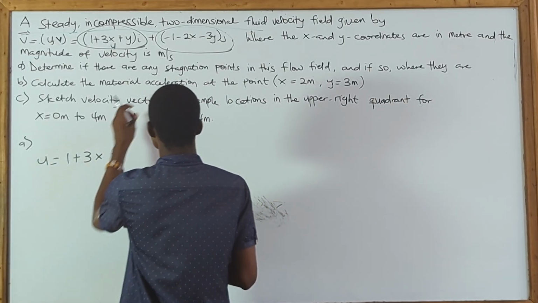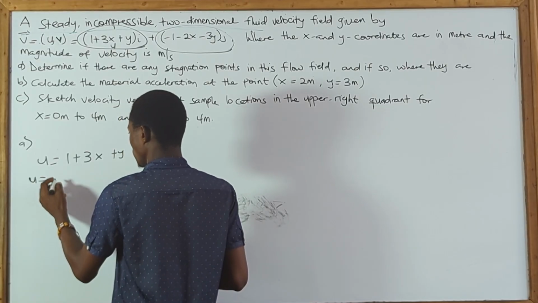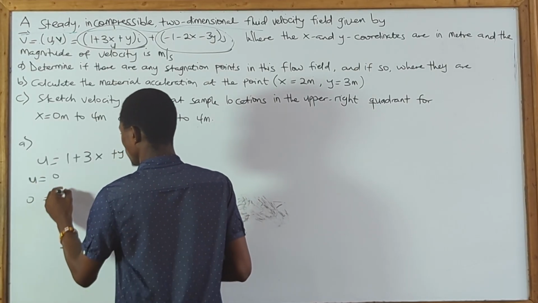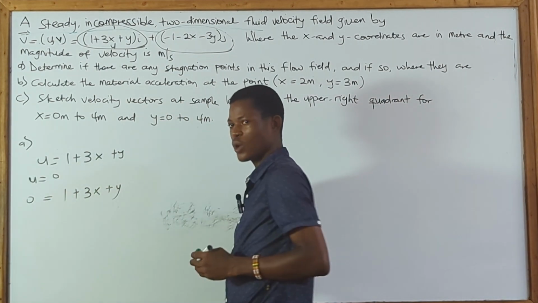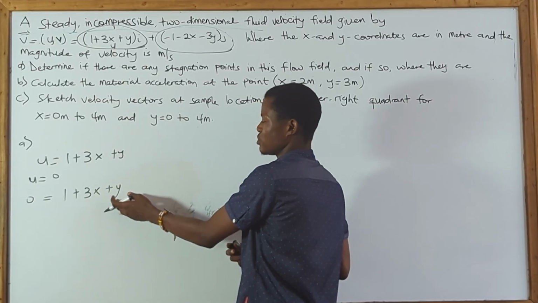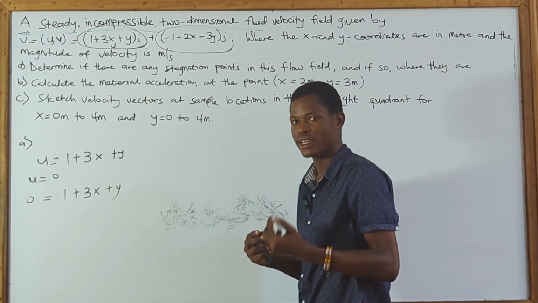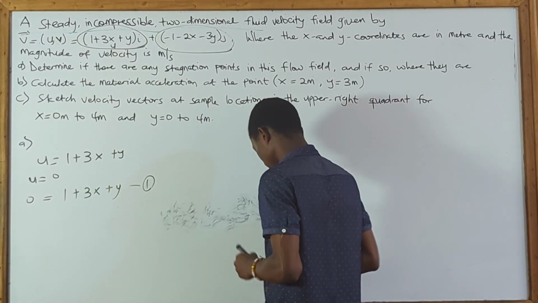Because we are finding stagnation, u is supposed to be equal to 0, so we get 0 equal to 1 plus 3x plus y. We can't solve this alone because we have two unknowns and one equation, so we have to find the next one too. We can name this equation 1.